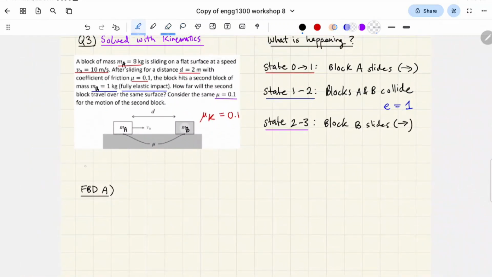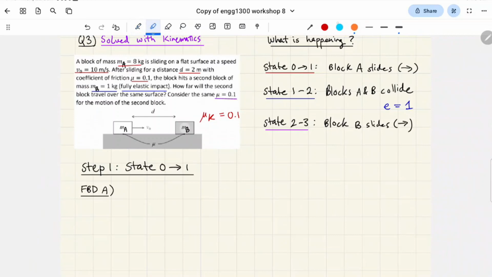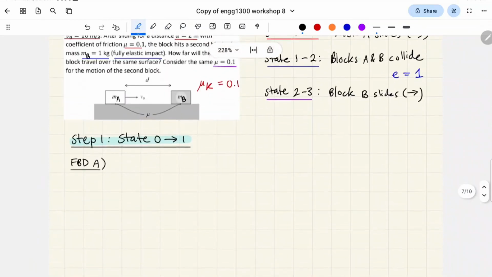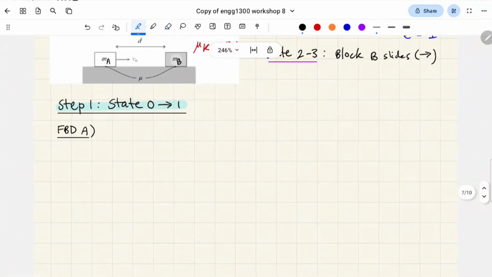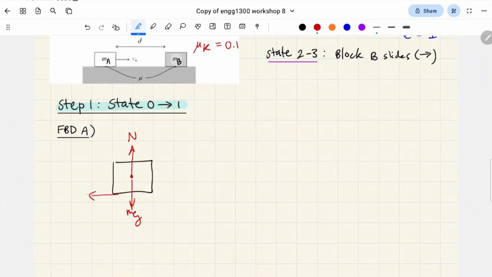Between states 0 and 1, let's draw a free body diagram for A. B is not moving, and we don't particularly care about the free body diagram in this step. We set it up like normal.